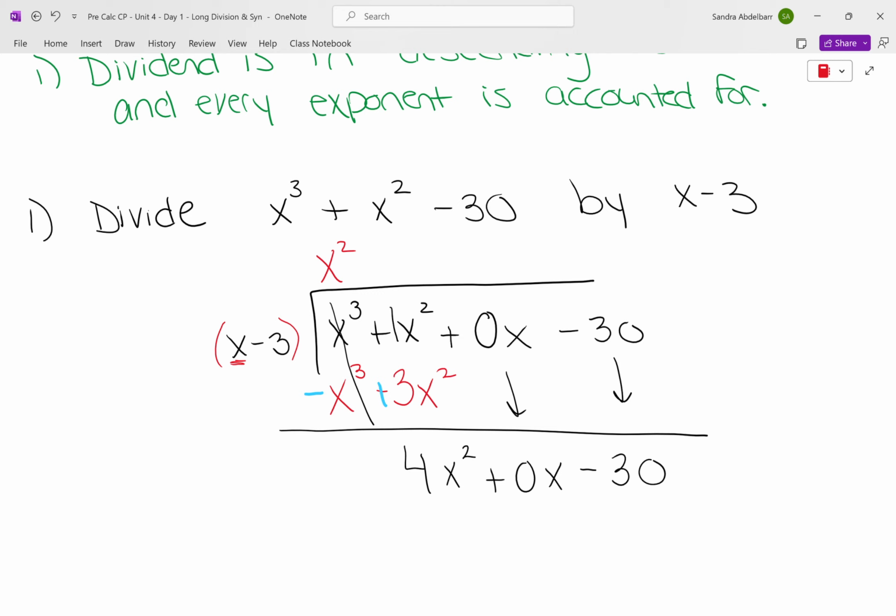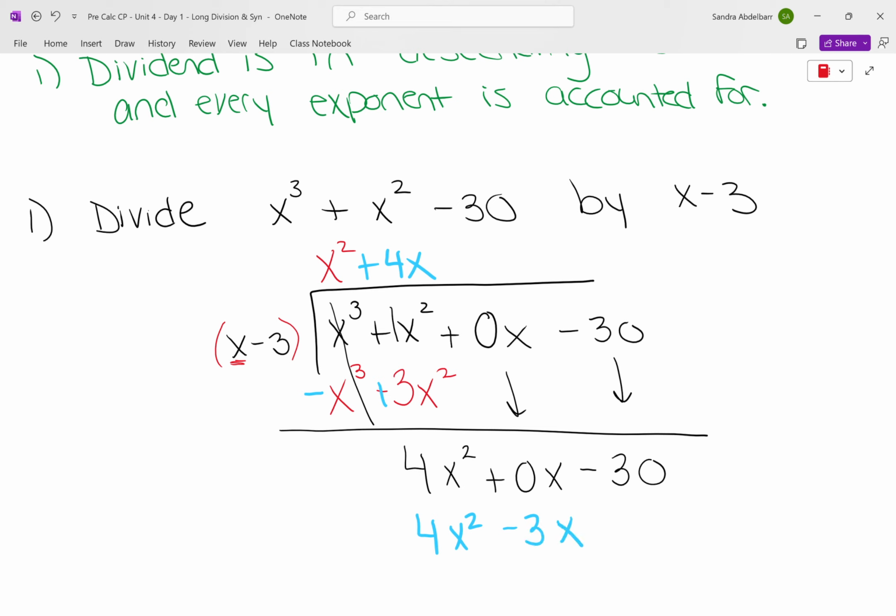Thanks. All right, now you're going to ask yourself, x times what is 4x squared? x times 4x, right? x times 4x will give us 4x squared. So now we're going to do plus 4x. And now you distribute that 4x into the divisor. 4x times x is 4x squared. 4x times a negative 3 is a negative 3x.